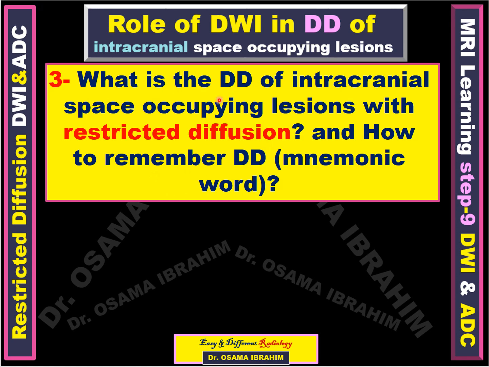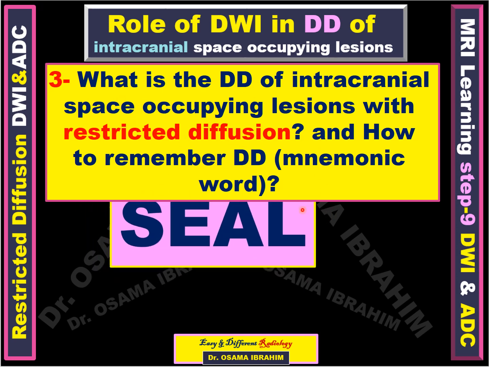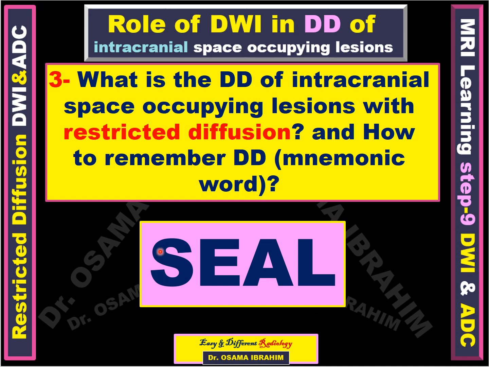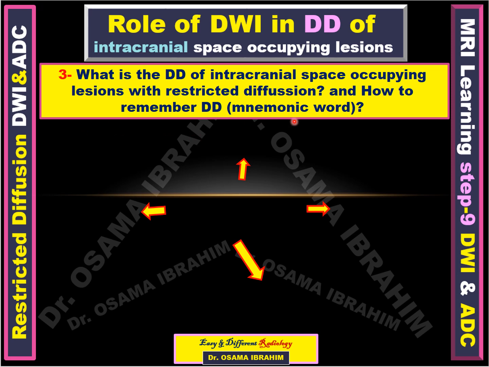If I find the restricted diffusion signal, high signal in diffusion weighted image and low signal in ADC map, in the brain, and these lesions look like space occupying lesions, the mnemonic word to remember the differential diagnosis is SEAL. What is the meaning of SEAL? SEAL, this is a mnemonic word. Every letter here is representing one pathology which can cause restricted diffusion.